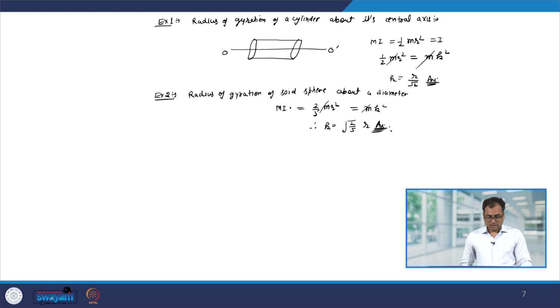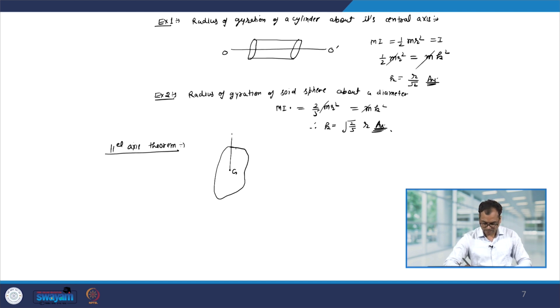Okay. Now, let us look at the parallel axis theorem. Let us say I have a rigid body, and we have an axis that is passing through the center of mass. Let me call it B prime, and you want to calculate what is the moment of inertia of this body about an axis which is parallel to it. So, let us say it is situated at a distance of d. So, this is A prime.